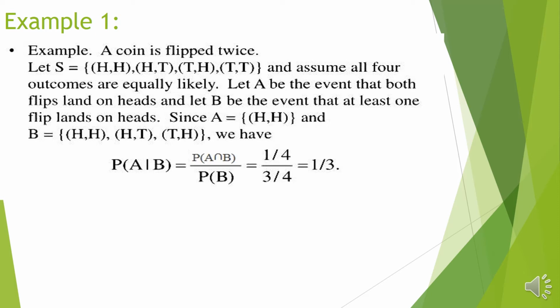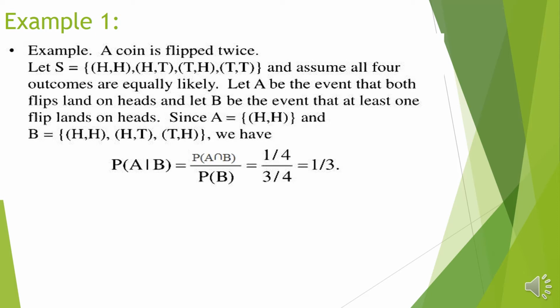What are the possible outcomes of A? The possible outcome of A is head head, we have no other choice, both must be heads, so head head. What are the possible choices for B? Event B is at least one head, it could be 2 heads or 1 head. Either head head, or head tail, or tail head.